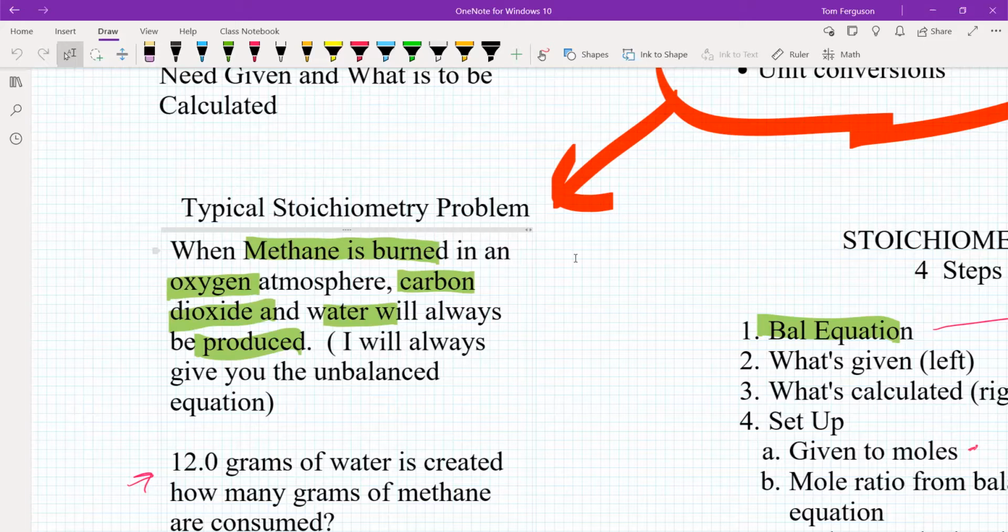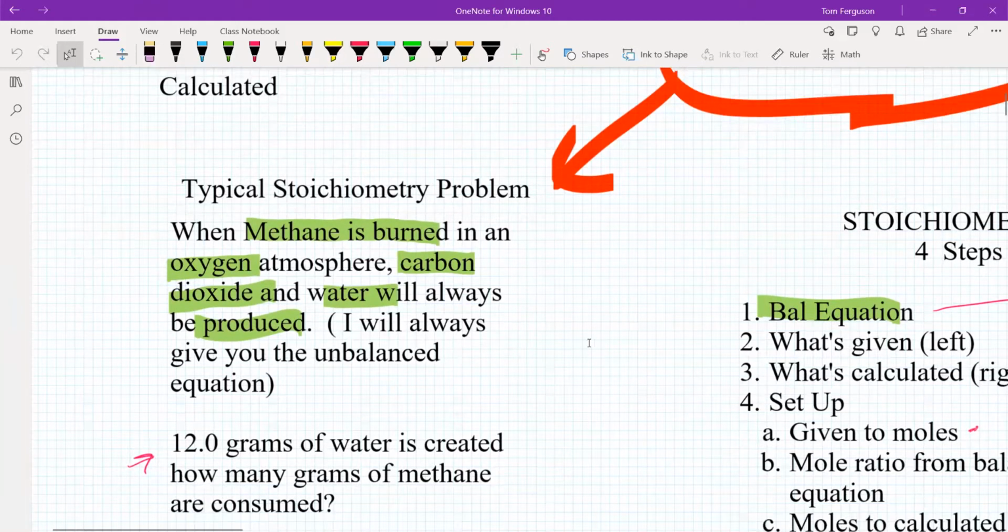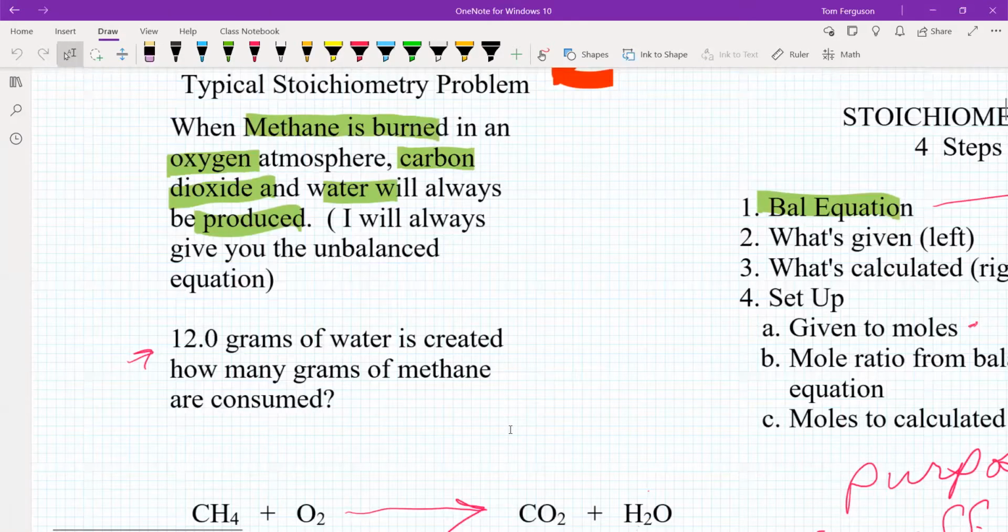Okay, so here we are. 12 grams of water is created. How many grams of methane are consumed? Okay, so we have methane being burned, producing carbon dioxide and water. I'm telling you, we just made 12 grams of water. How many grams of methane does it take to produce 12 grams of water?